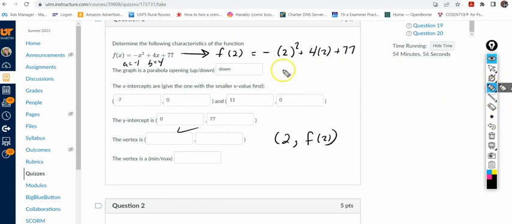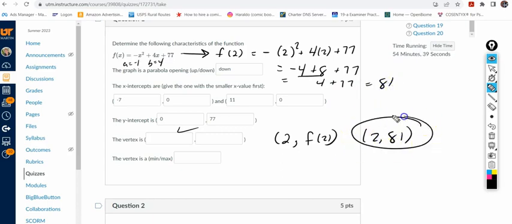All right. 2 squared is 4, so I'll have -4 plus 8 plus 77, and that's going to give me +4 plus 77, which is going to give me 81. So 2 comma 81 is going to be my vertex. My bad.